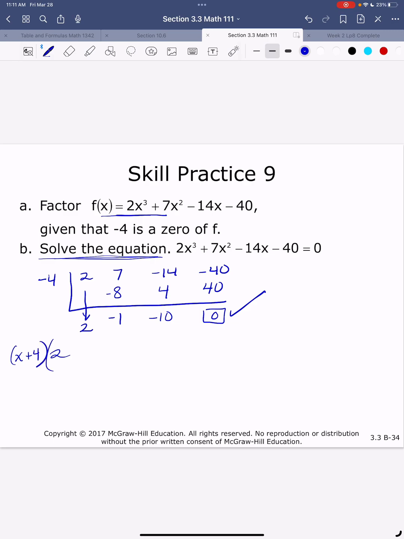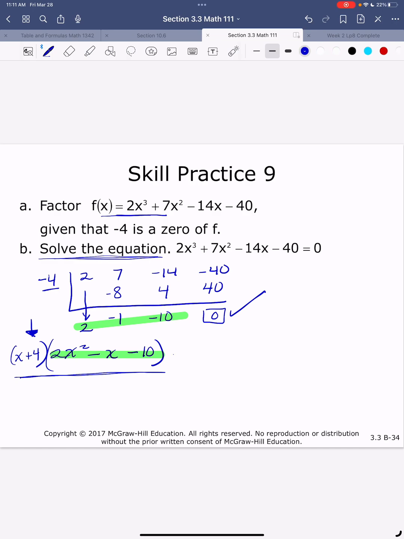Remember, when we work with the negative, like we did for negative 4, that meant that it was of the form x plus c. So I have an x plus 4 times a 2x squared minus x minus 10. This is what we're working with. We already had this given information, but we now, by synthetic division, just found this.